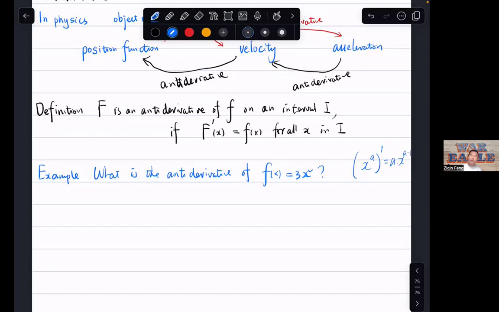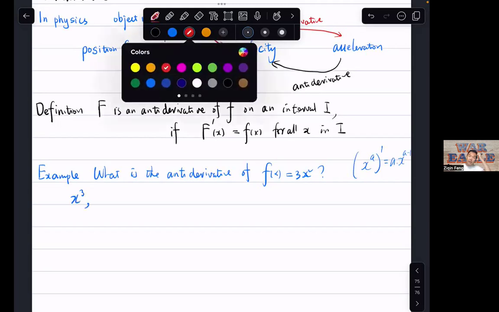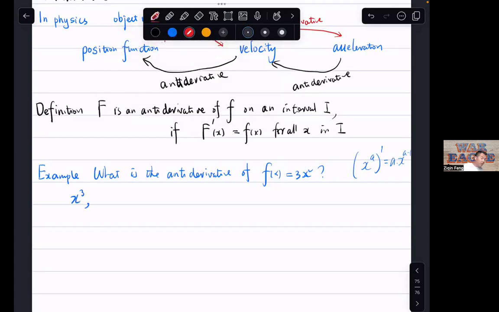So you have a 3 in front, which means x cubed is a function whose derivative is 3x squared. You can check that by the power rule. Or x cubed plus, let's say, 3. That's another one. Plus any constant actually.